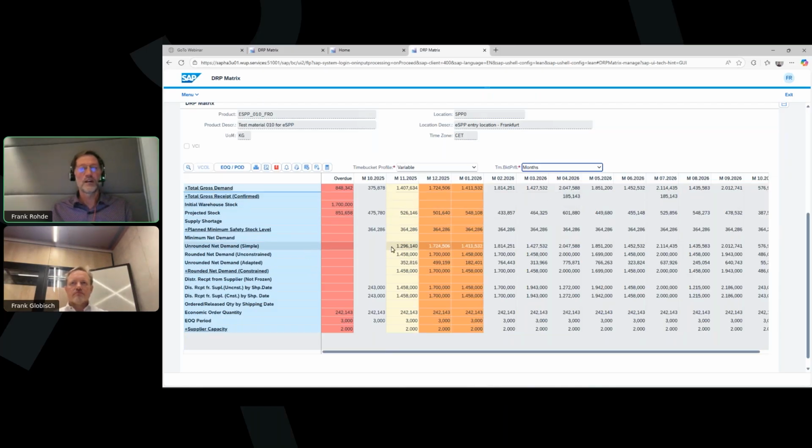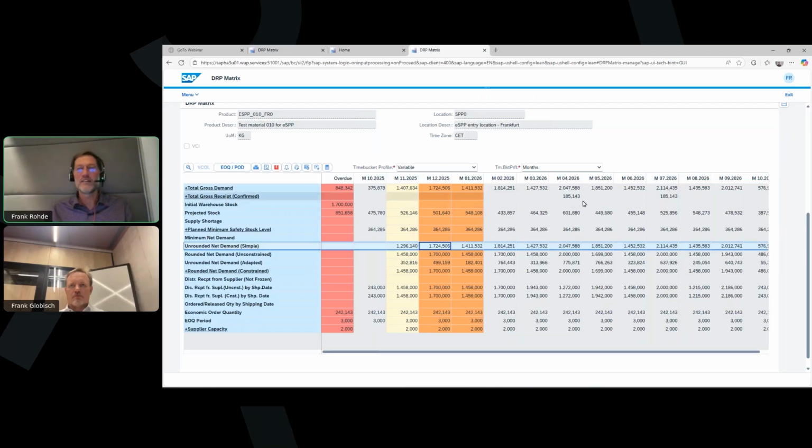If we go to the unrounded net demand key figure here, we are always in the months before below our capacity constraint of the remanufacturer. So he can remanufacture 2,000 products per month. And in this month, we are the first time where the demand is higher. Here is a second month where the demand is higher. So the system now sees, okay, I cannot fulfill the demand for this product just by remanufacturing it.